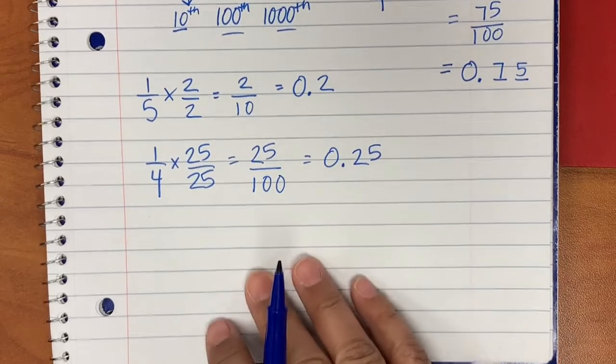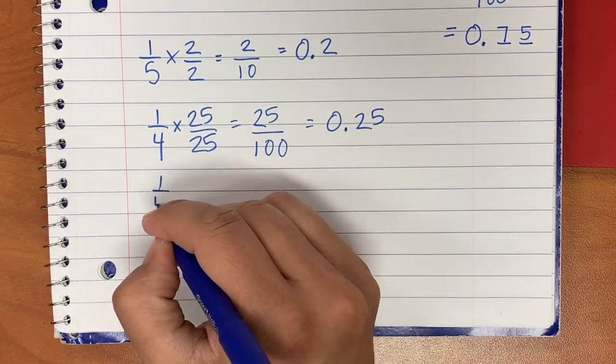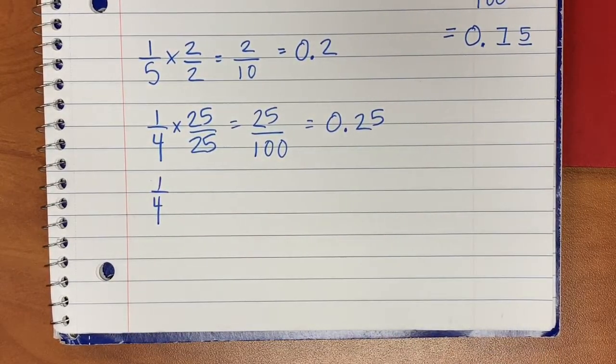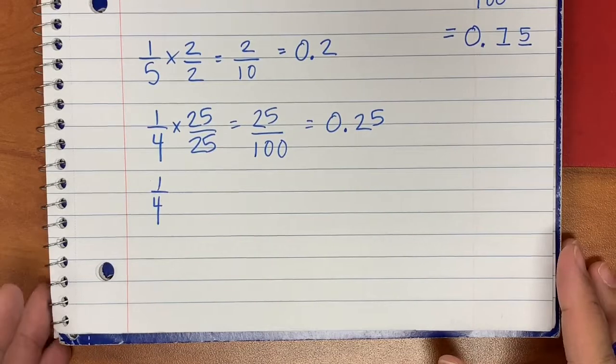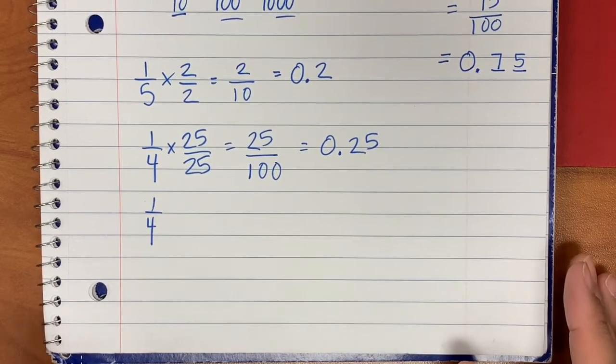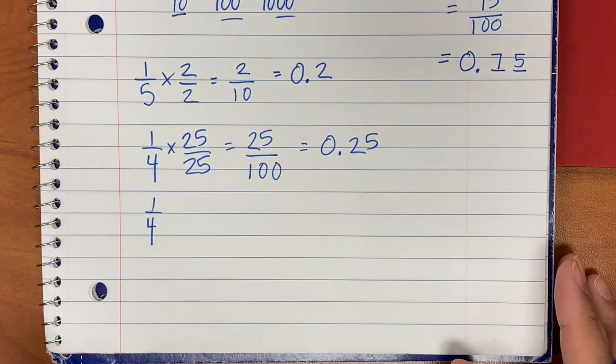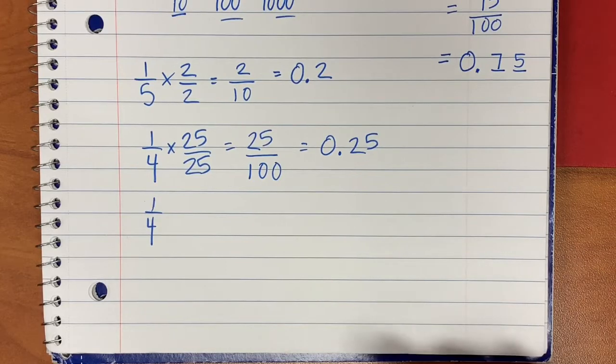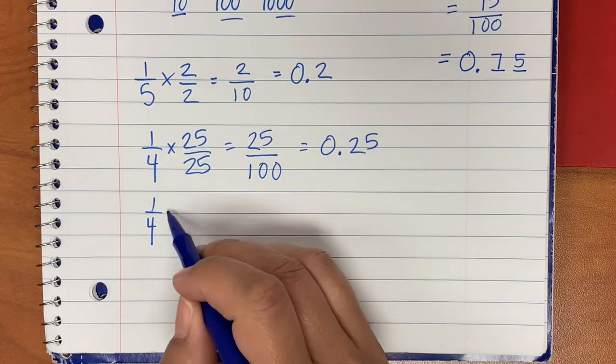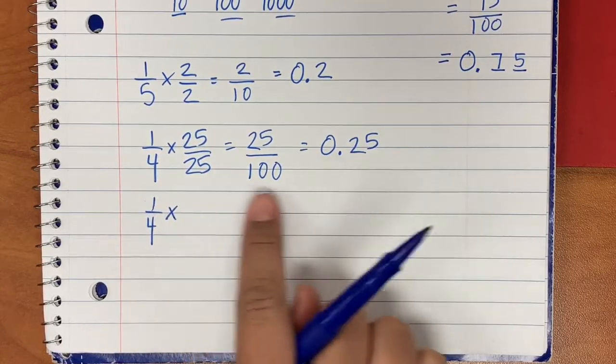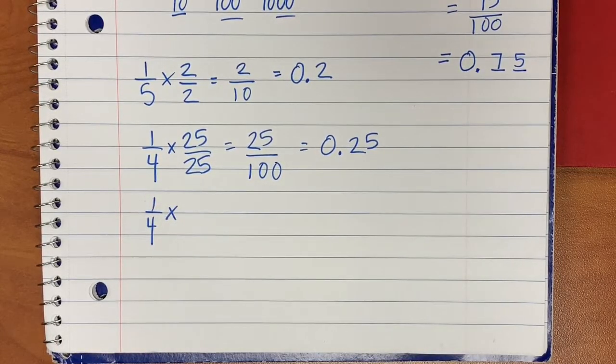What if I wanted to write 1/4 as a decimal, but in thousandths? Okay, so I'm writing 1/4 as thousandths. So how could we do that? Well, we know 4 times 25 is 100.